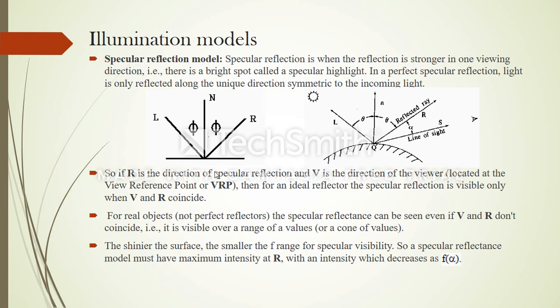So, if R is in the direction of specular reflection and V is in the direction of the viewer, then for an ideal reflector, the specular reflection is visible only when R and V coincide. For real objects, the higher the specular reflectance, the smaller the range of specular visibility.